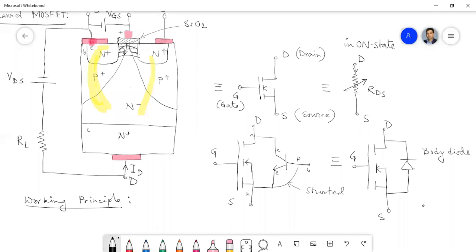of the MOSFET, or sometimes it is called the anti-parallel diode. So this is a very important feature of our MOSFET. Have you understood how we are getting this diode?